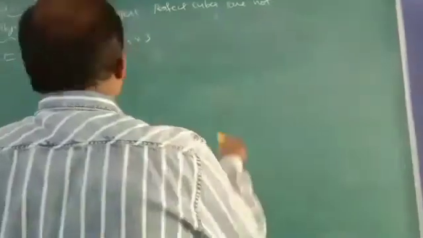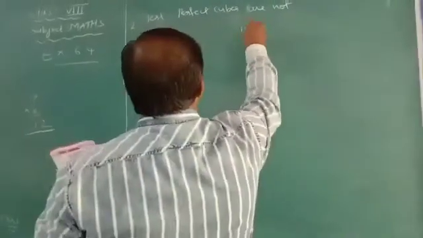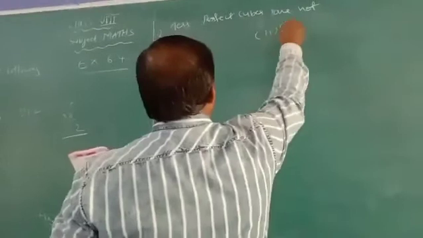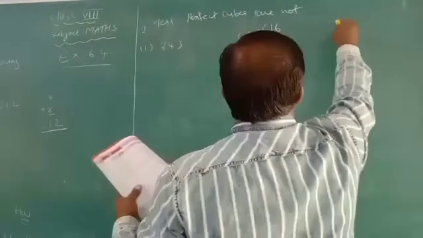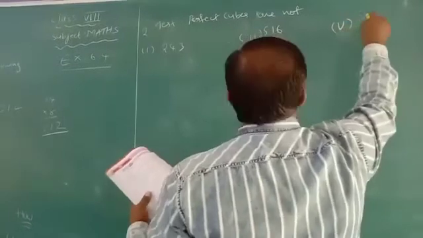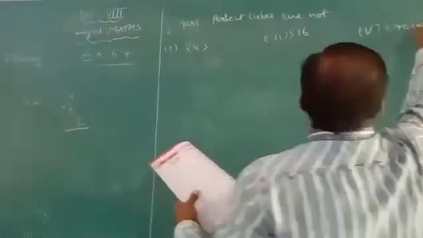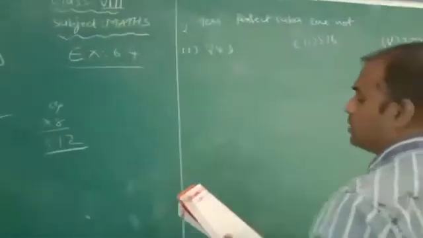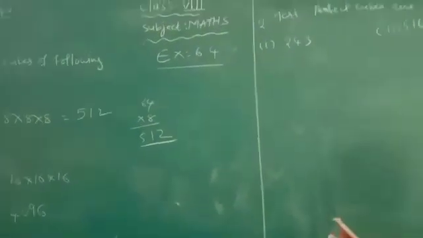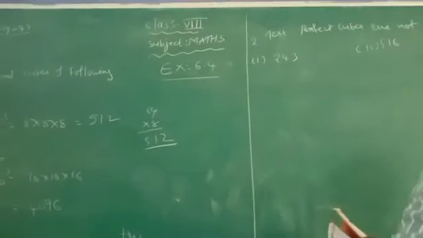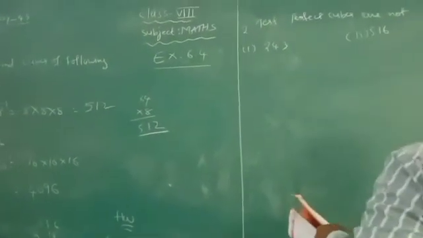Second one, 516. Third one next time telling beta, fifth time telling, 2700. Remaining homework beta, the third and fourth are homework. Very easy, this problem. Test perfect cubes or not.